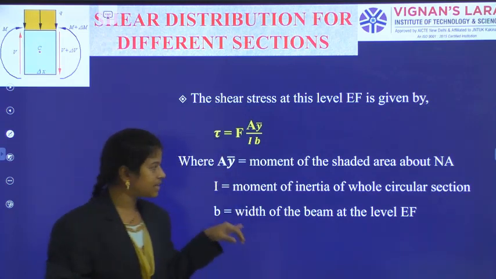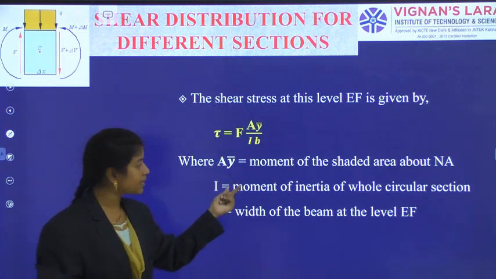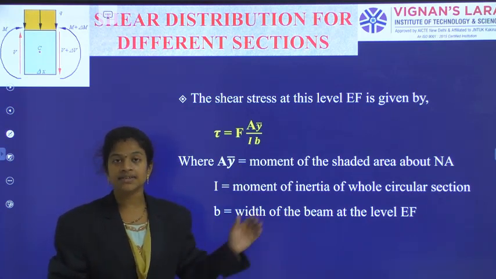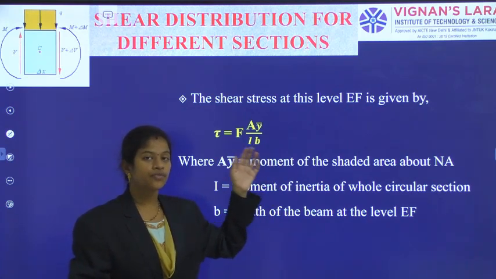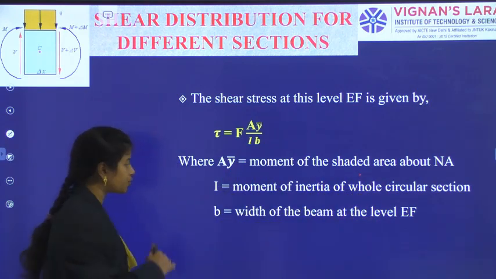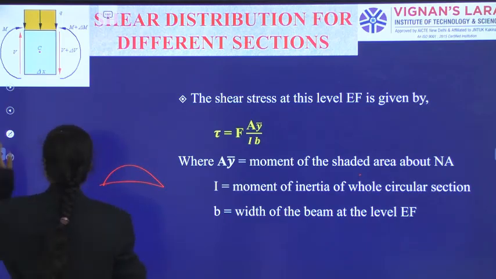But here I am indicating A into y bar at a time, and that is equal to the first moment of area. In the last class also we discussed that A into y bar is the first moment of area above the shaded portion about the neutral axis.